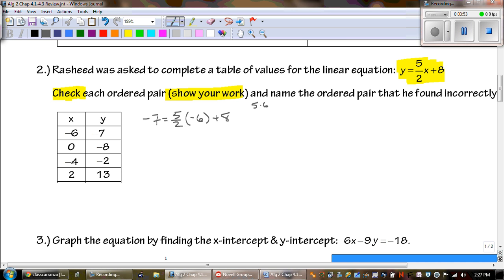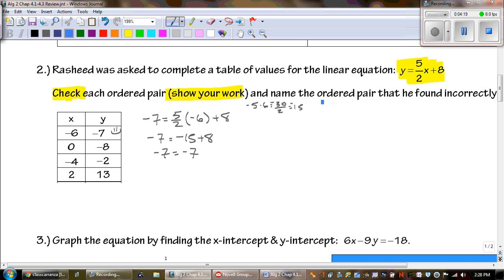Well, 5 times 6 is 30. 30 divided by 2 is 15, and it's going to be a -15. So we have -7 equals -15 plus 8, and then -15 plus 8 is -7. So, yay, the first point works.